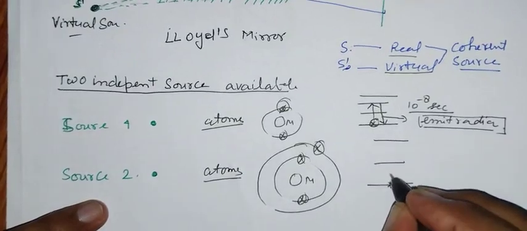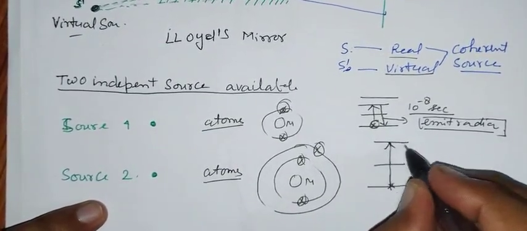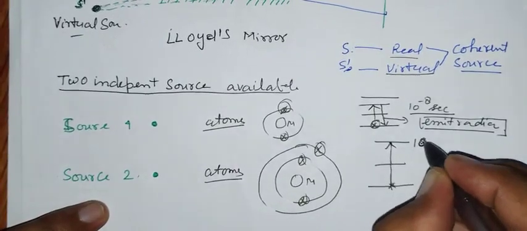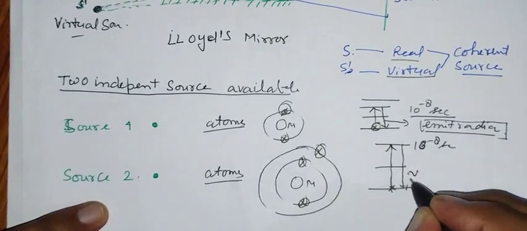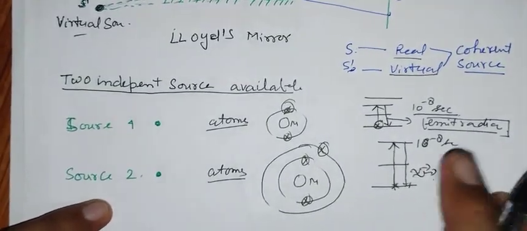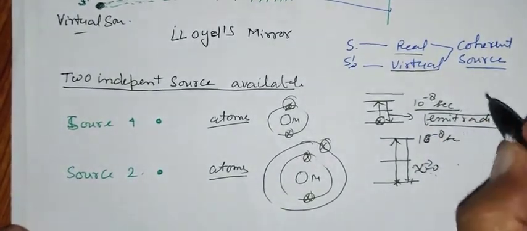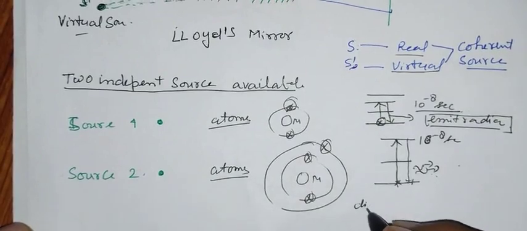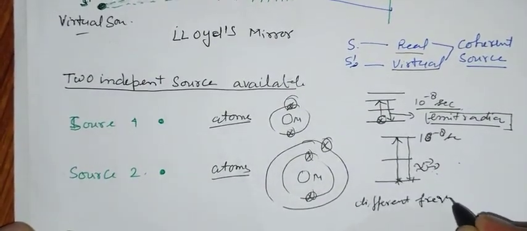When they move to a higher energy state, stay for 10 to the power minus 8 seconds, and come back, the radiation they emit cannot have the same frequency as the first. So the two have different frequencies.